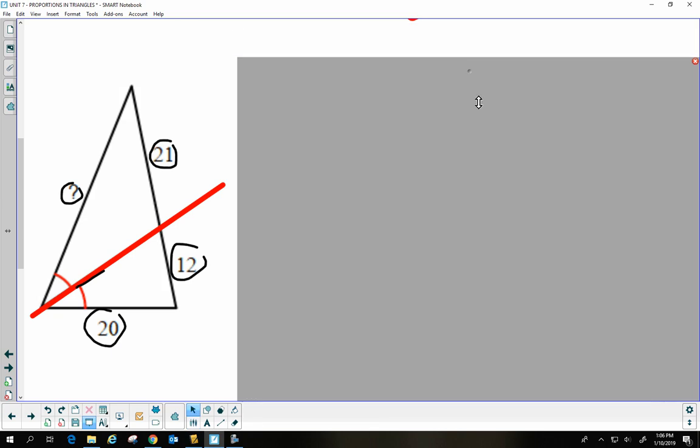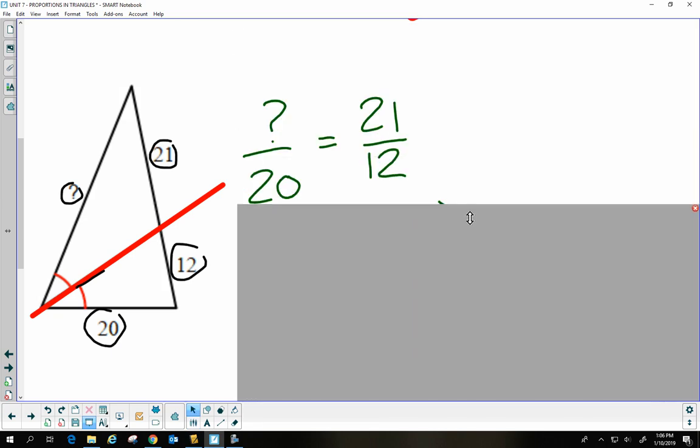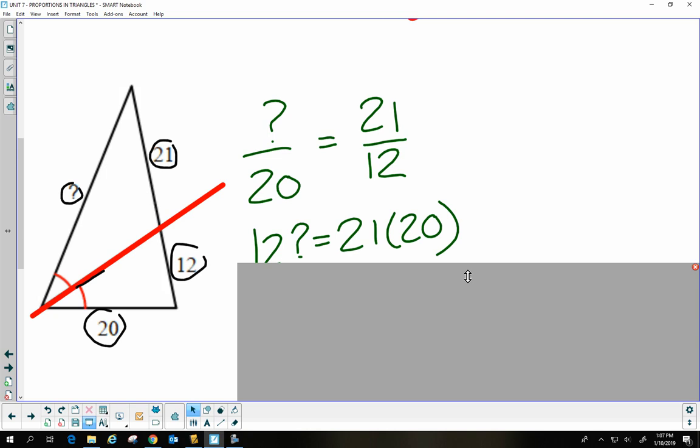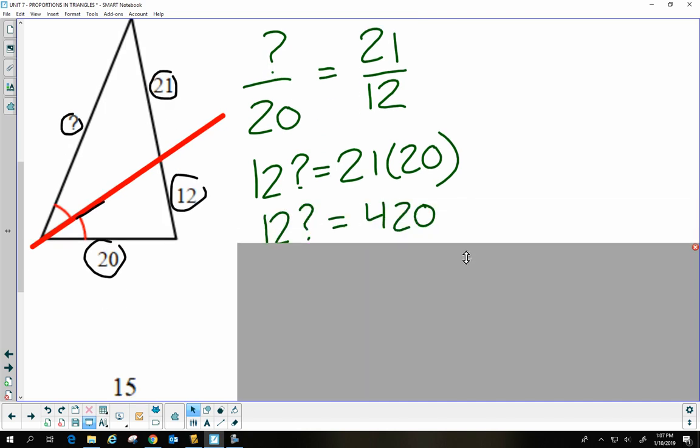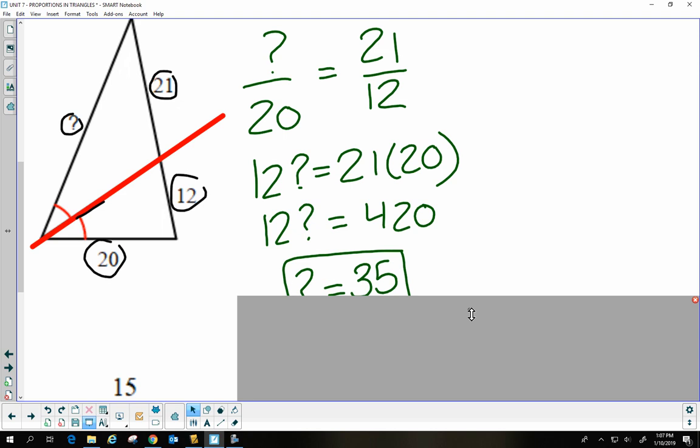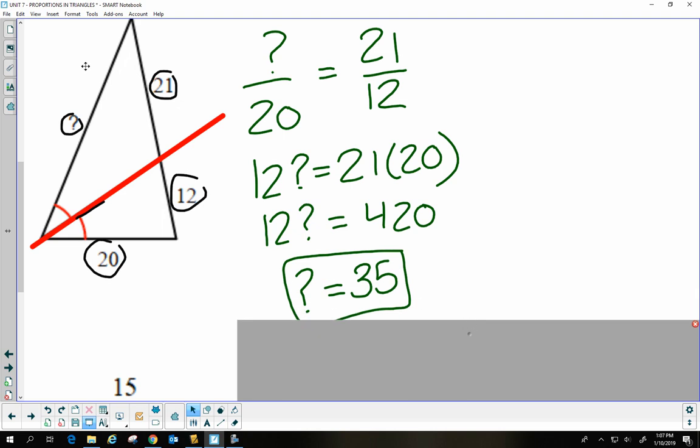If I set them equal, I have my proportion. And then again, it's just like we've been doing, cross multiply, simplify, and solve. I want the missing side of this triangle here, question mark, to be 35.